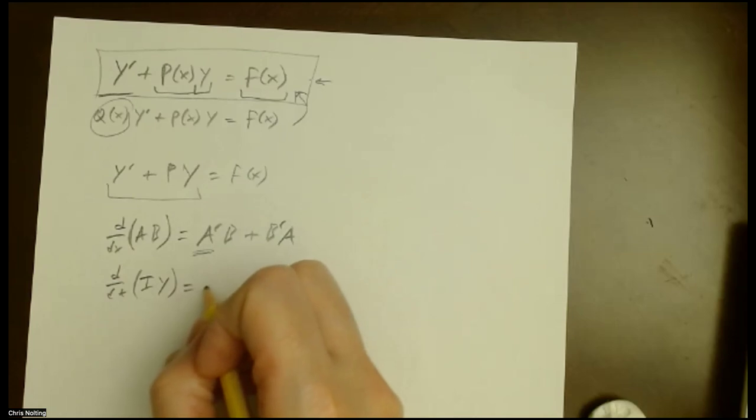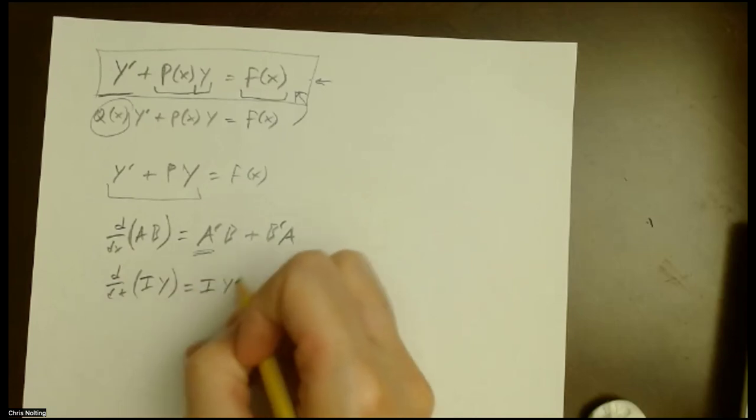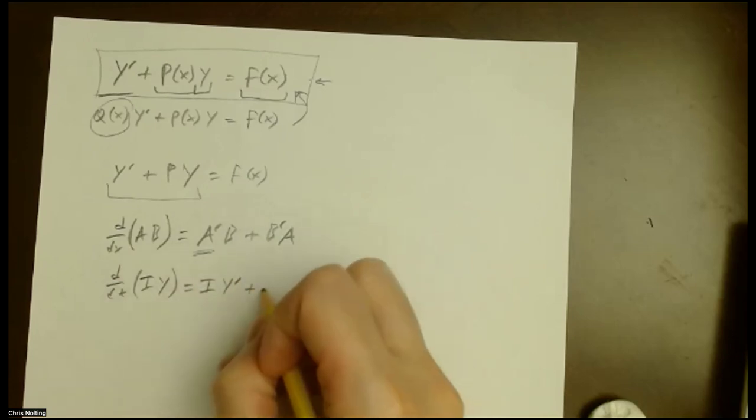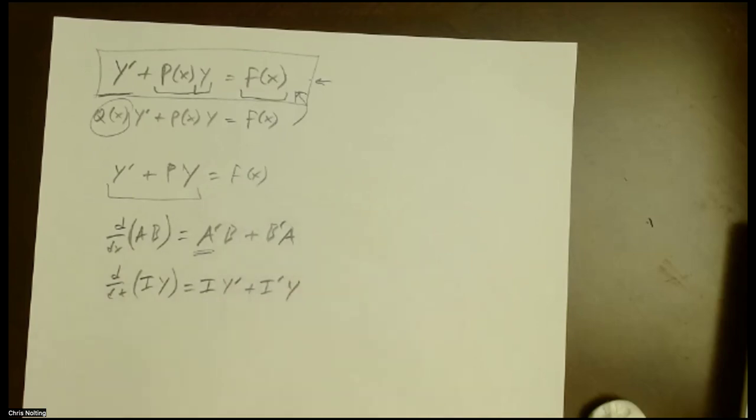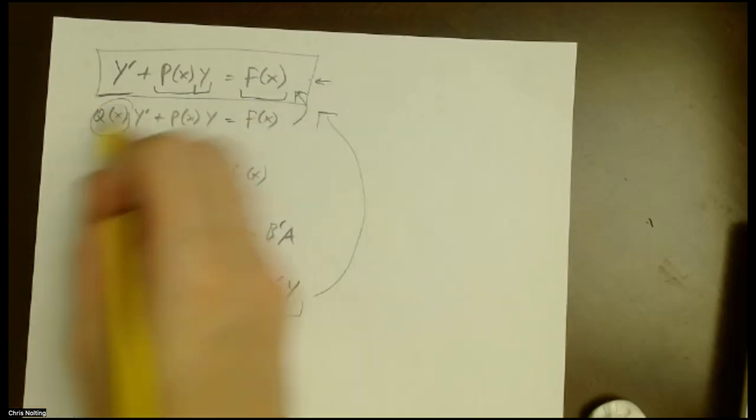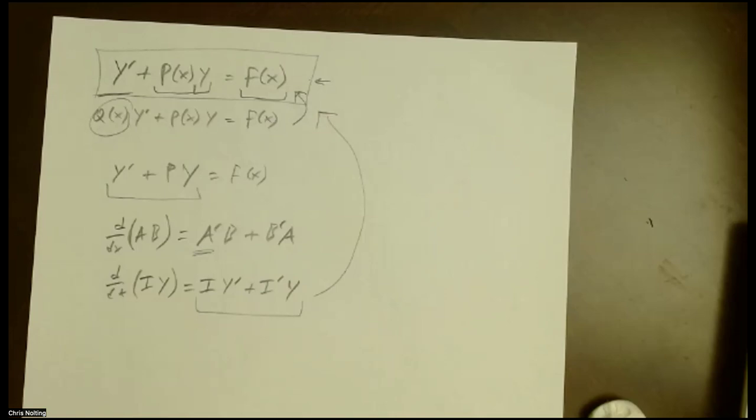And if we wrote it that way, we could get I y prime plus I prime y. And this looks sort of like the left-hand side of that, if I could multiply this whole thing by I. And so I'm just going to go and do that.